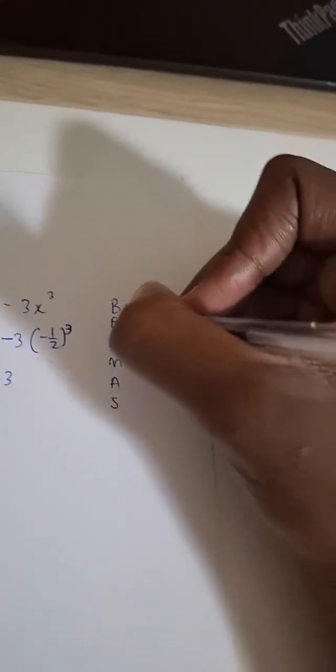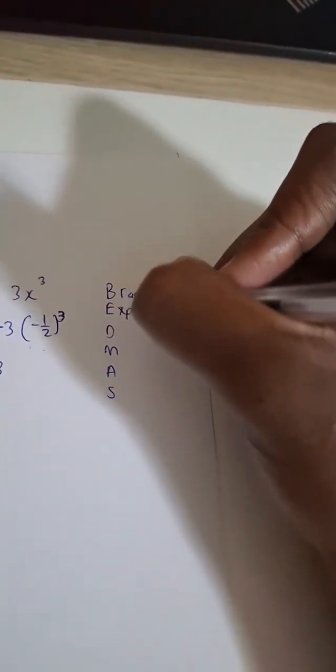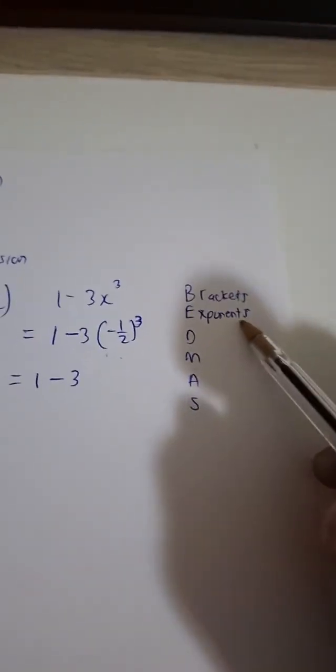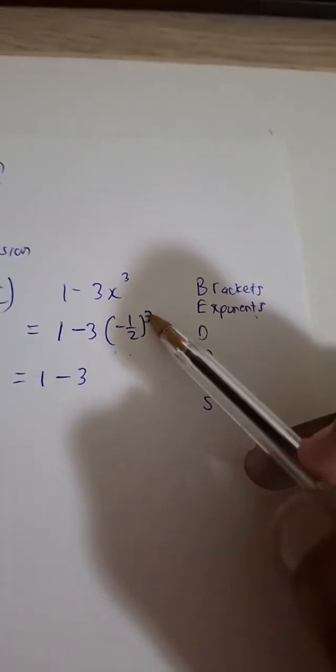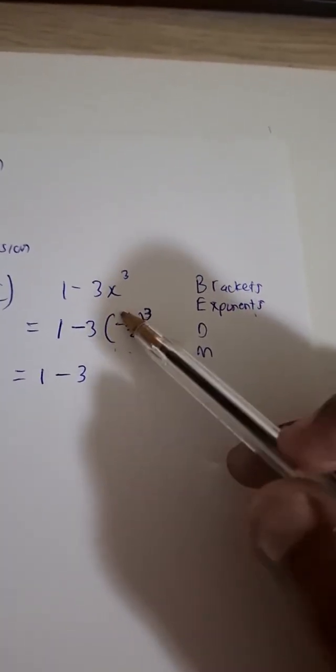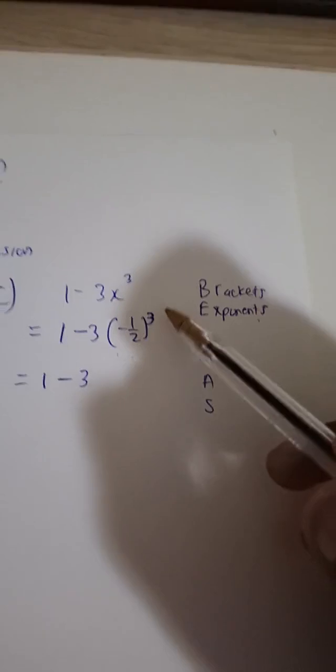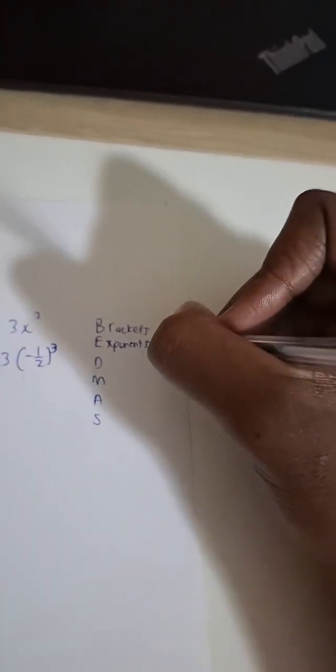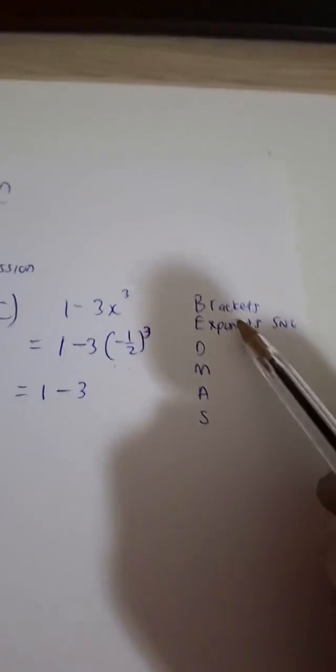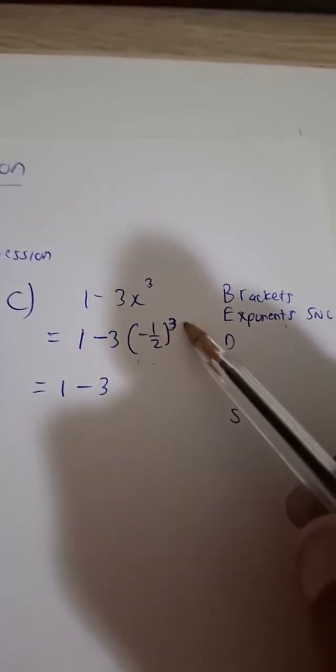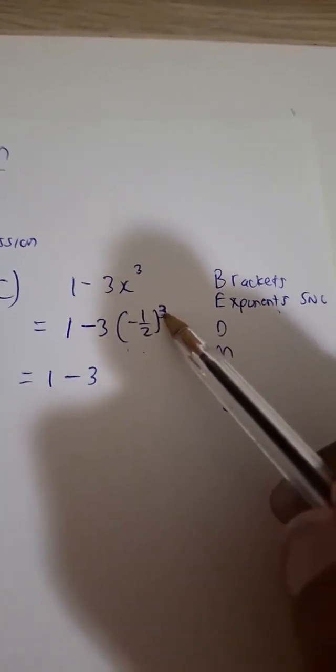So that means we can move on to the next thing, which is we need to attend to the exponent. Our exponent can be applied to the single term inside the bracket. When we apply that exponent, what do we need to remember? We need to remember SNL. In other words, the exponent is odd. This is an odd number exponent.